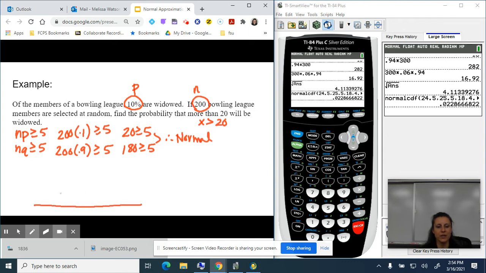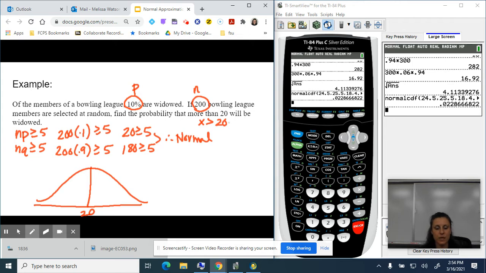Here's my normal curve. We just multiplied n times p to find the mean, which was 20. So on average, there's going to be 20 widowed players in a bowling league. Notice that we want the probability where x is greater than 20.